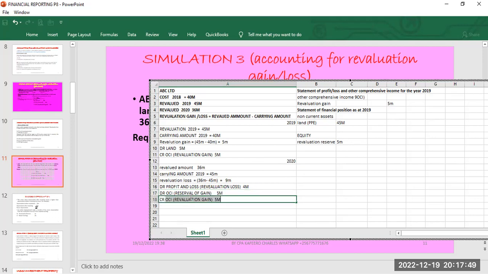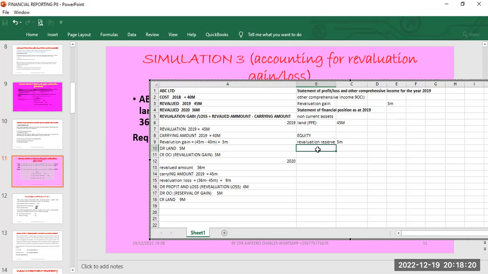Then we are now crediting the asset, we are crediting the land because the land is now reducing in value. And it is reducing by the total of 9 million because it reduced from 45 to 36 million, meaning that when you are taking these figures to the financial position, the value of the land is going to be at 36 million, not at 45. Hope you can be able to get that.